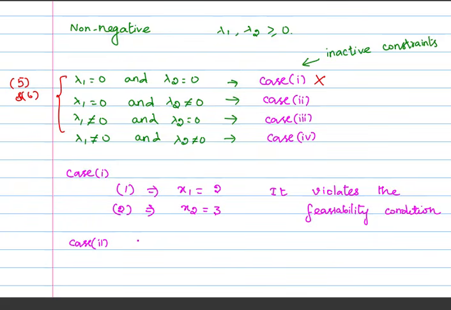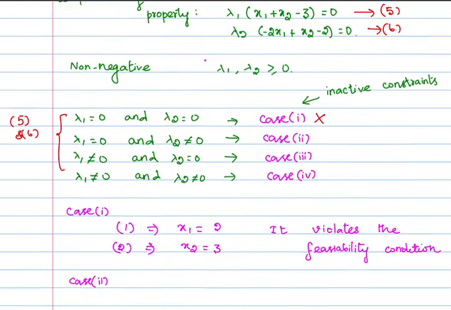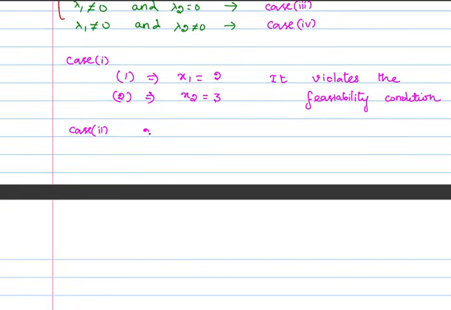So with lambda 1 equal to 0, our first equation becomes 2 times x1 minus 4 minus 2 times lambda 2 equal to 0, and 2x2 minus 6 plus lambda 2 equal to 0.